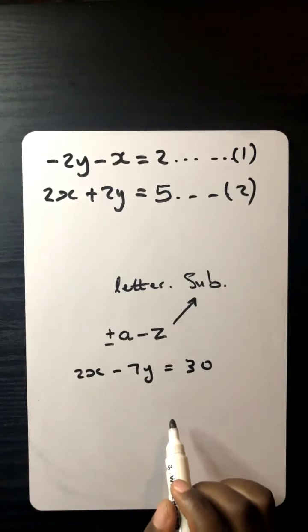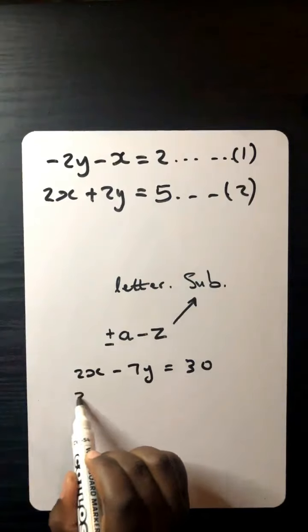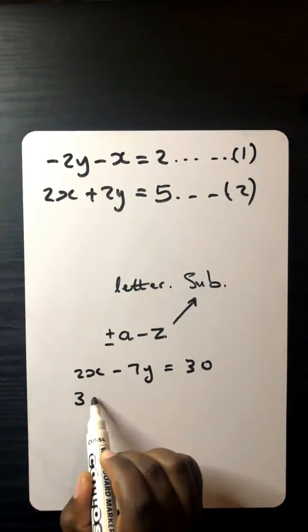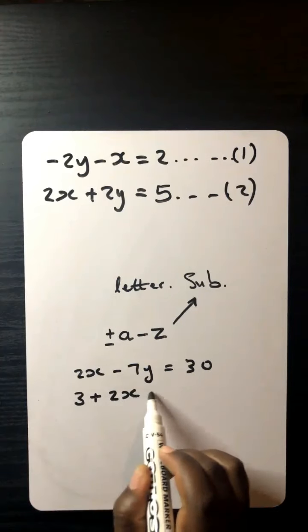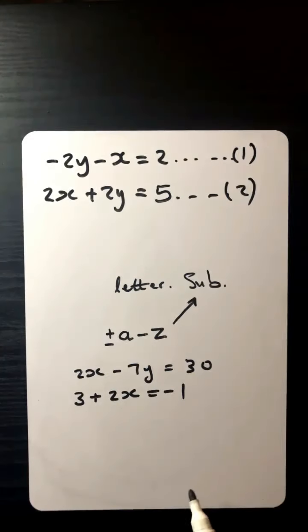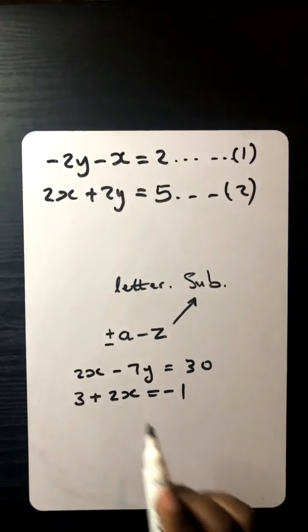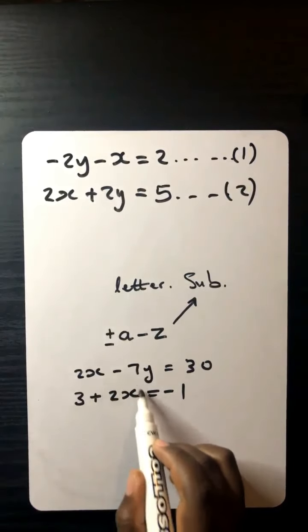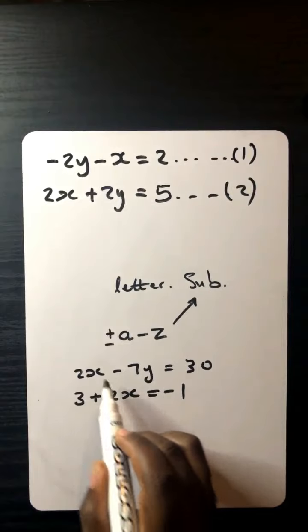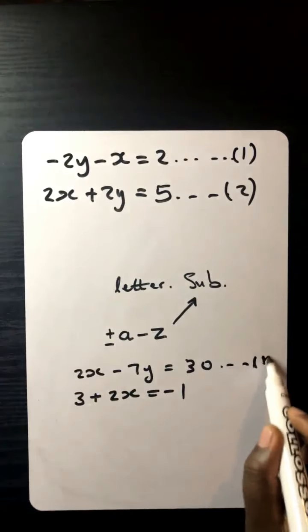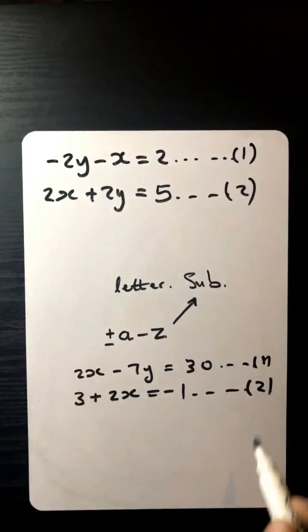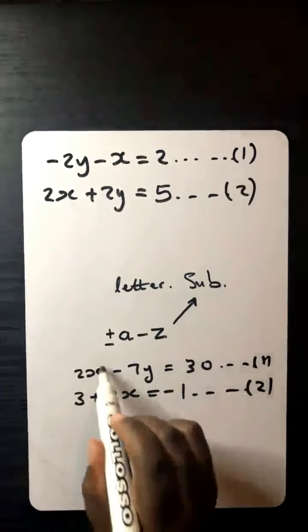And again, you've got, let's say, 3, plus 2x, it's equal to negative 1. Can you see, in this case, you've got that term over there which is repeating itself in the other equation. This could be equation 1, this could be equation 2.